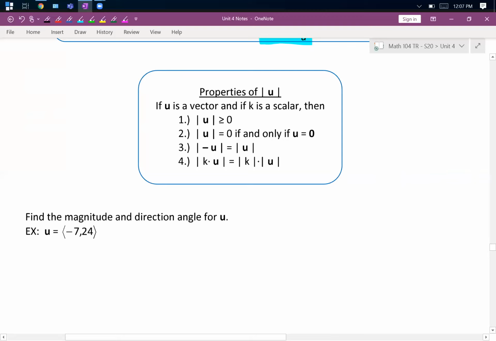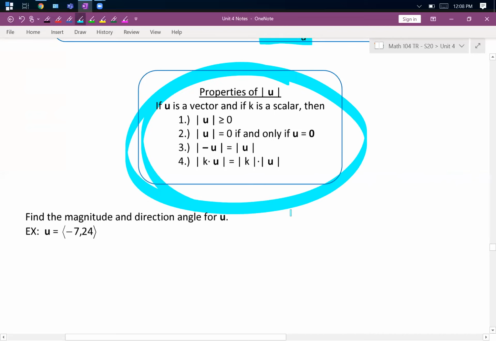And then lastly, number 4, the magnitude of some vector u times a scalar k is equal to the absolute value of that scalar times the magnitude of u. So these properties of magnitude follow all the rules for absolute value.